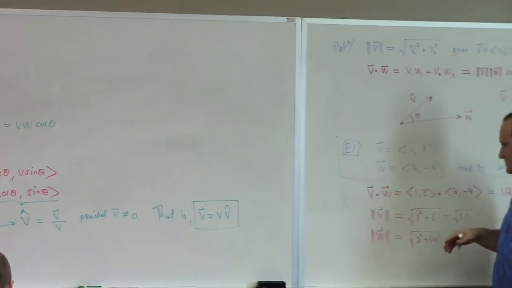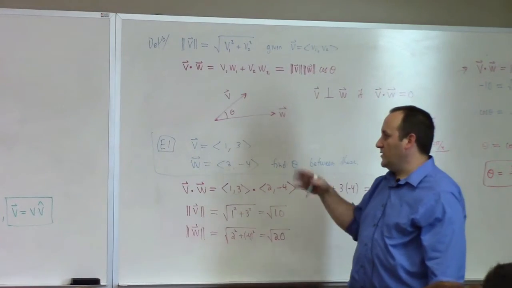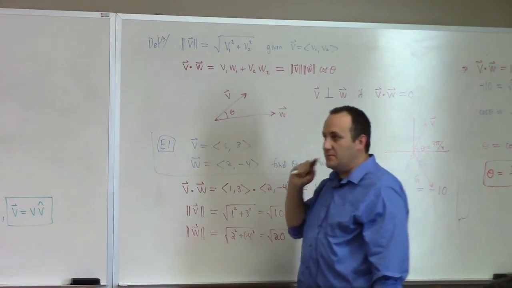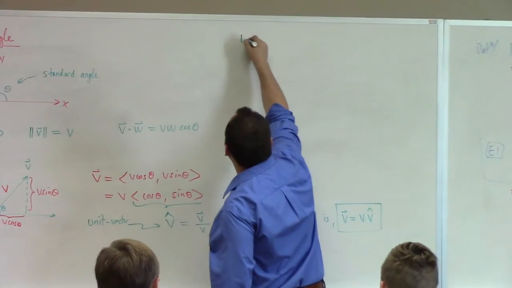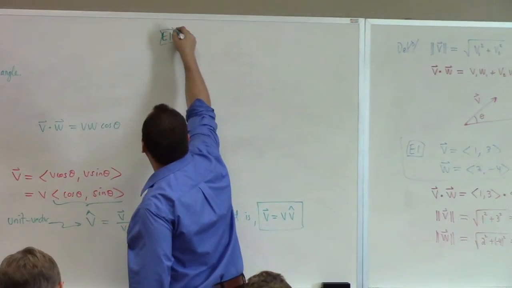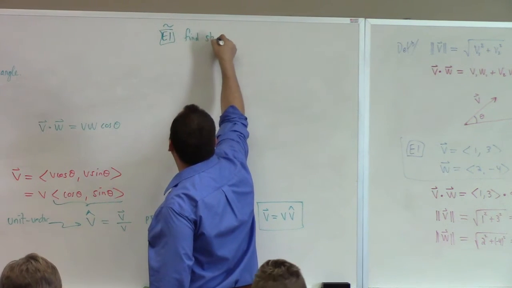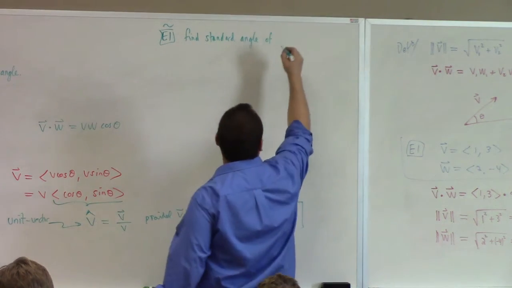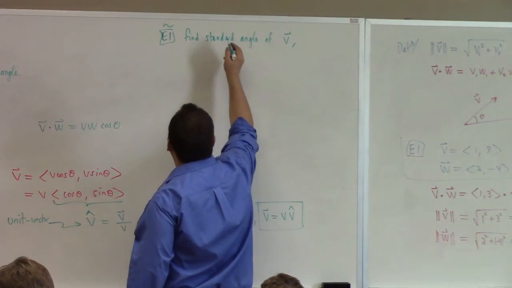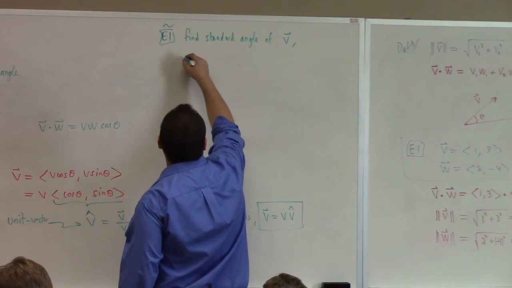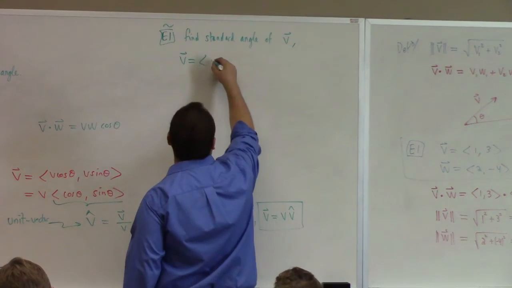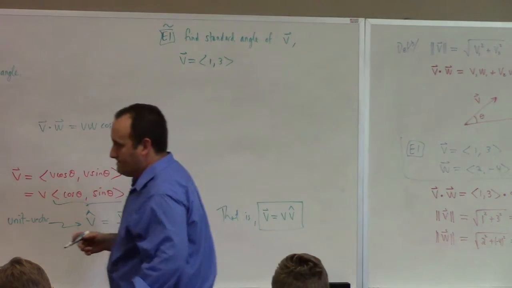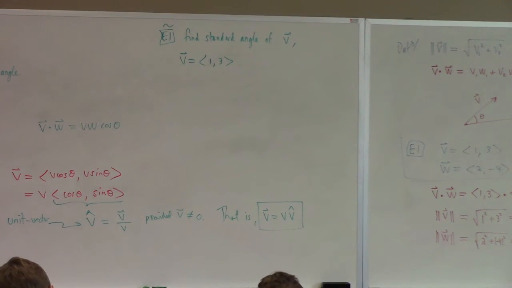So I can ask another question here. Going back to example 1, what are the standard angles of V? What's the standard angle of W? Let's work that out. Find the standard angle of V. So what do we have to have? V is equal to (1, 3).